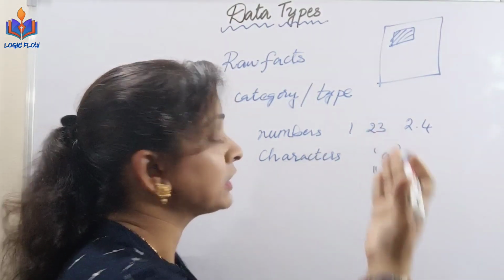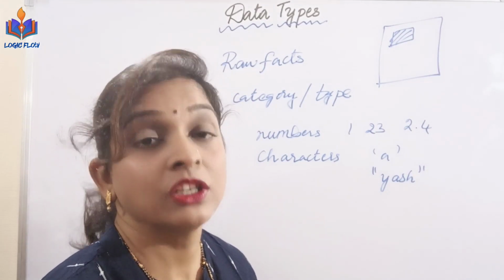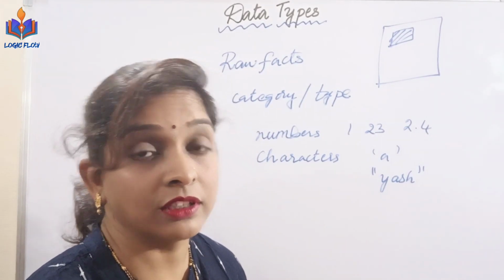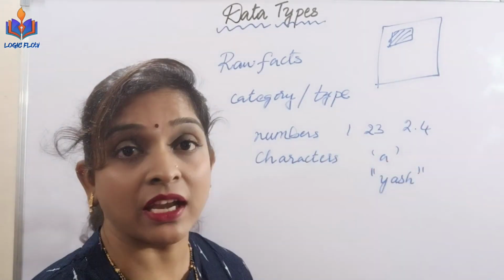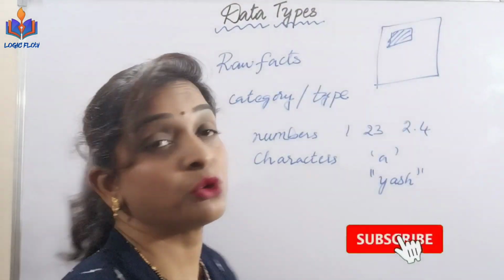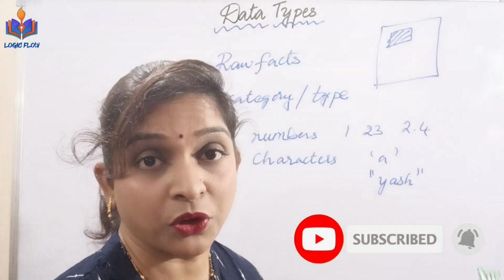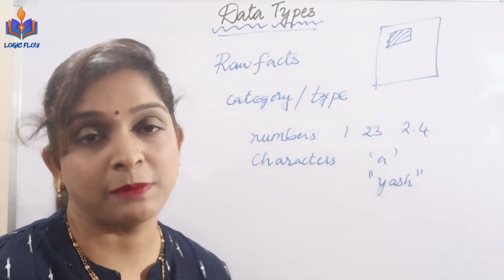For integer data, how much memory do I require? If it is a character, then how much memory? If it is a decimal point value or a sequence of characters, how can I decide the amount of memory that I need to reserve? And that is what your data type is going to specify.